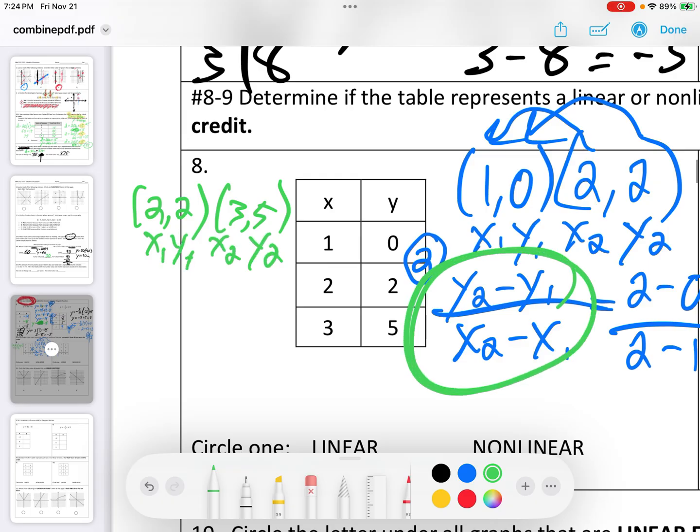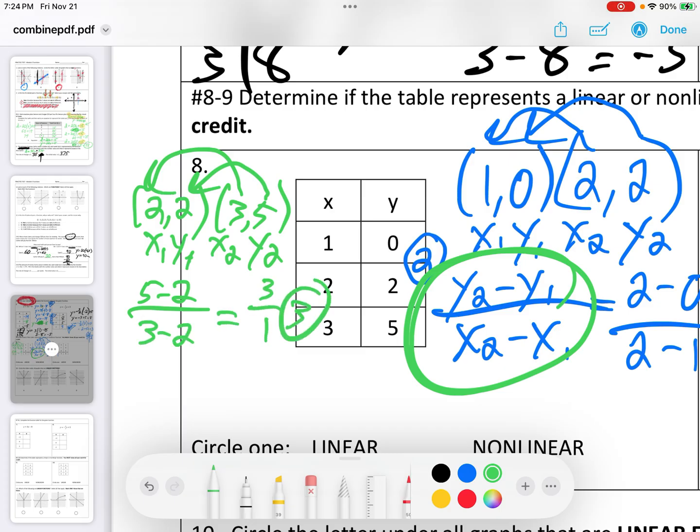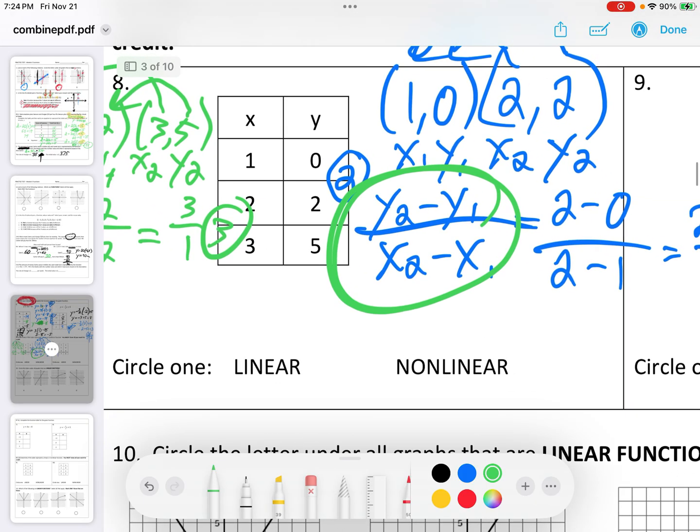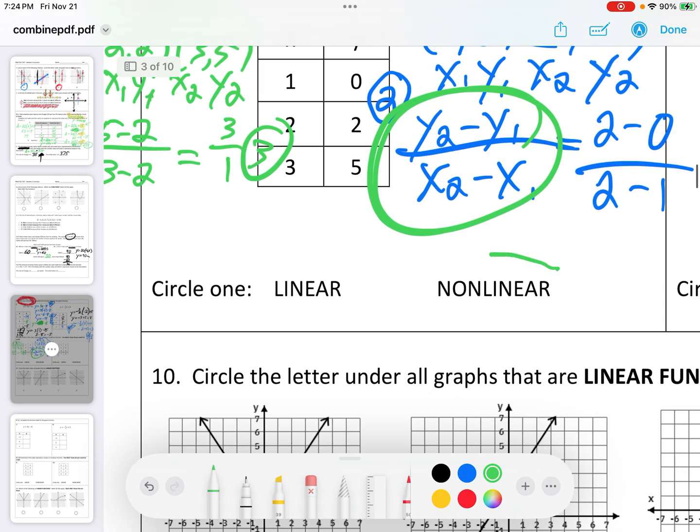Now we're going to use the same formula, so I don't need to rewrite that. 5 minus 2 over 3 minus 2 equals 3 over 1. Yep, I told you the slopes are different, but it was close. Since I didn't have an actual graph, it was hard to tell. So this is non-linear, different slopes.